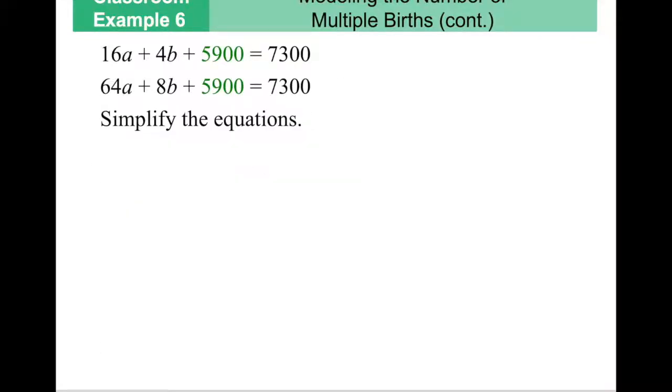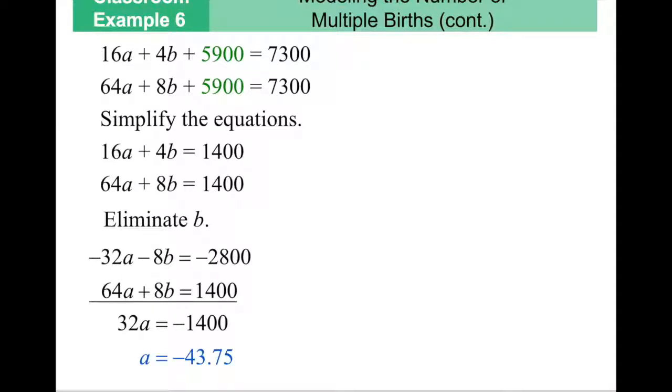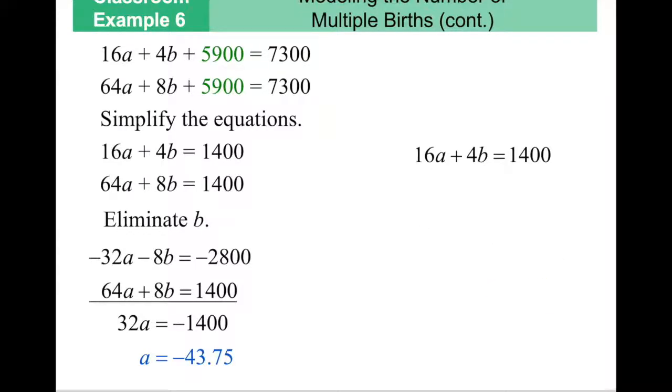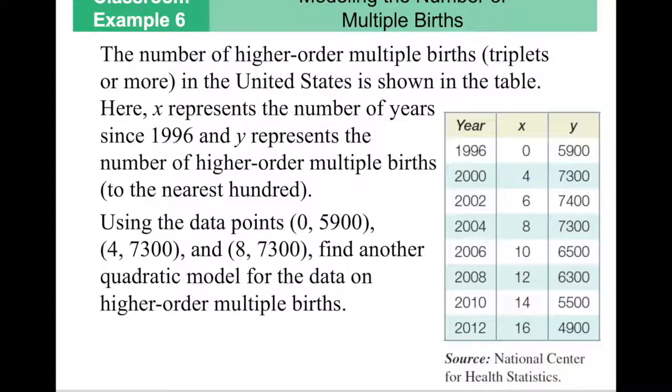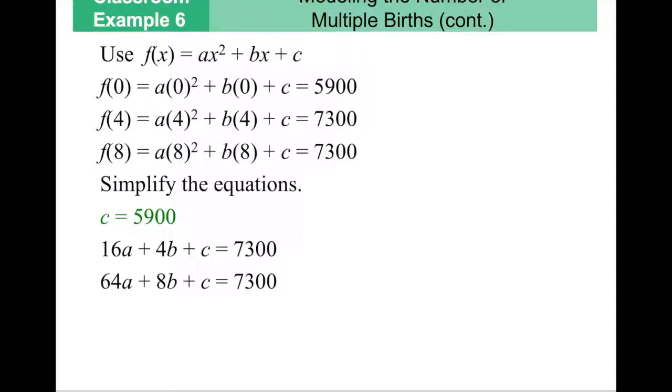And then I can simplify the system of equations, eliminating a value, plugging it back into the original, and I get 525. So I created a system of equations out of that data. I plugged in 4 and I plugged in 8 because I had the same values there. Simplified them out. Plugged in 4, plugged in 8. That's where the coefficients came from.